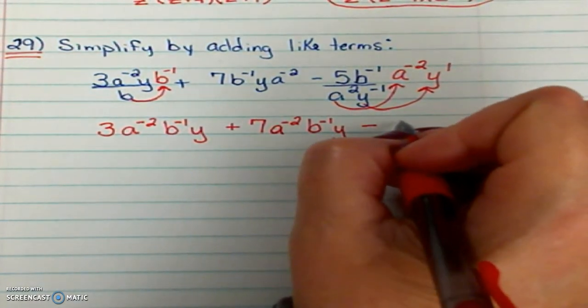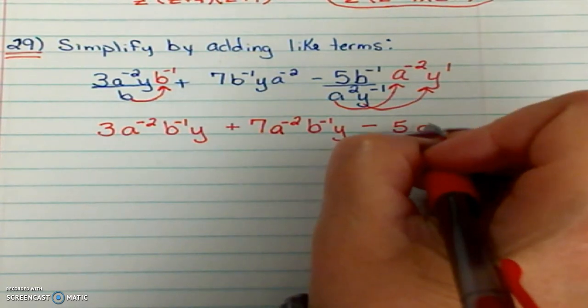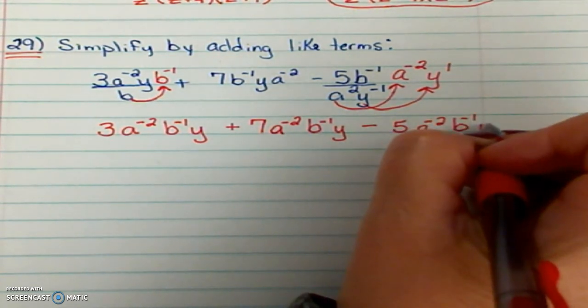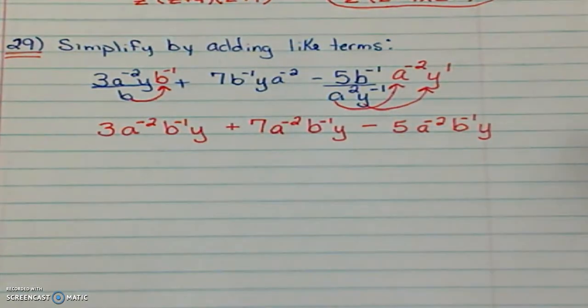And your last term is 5, a to the negative second, b to the negative first, and y to the first. Now, luckily in this particular problem, they are all like terms. So all you have to do is add them together. You add those coefficients together, but not always are they like that.